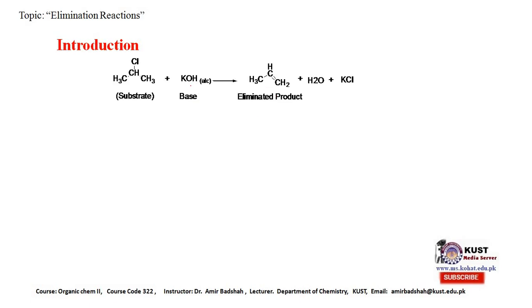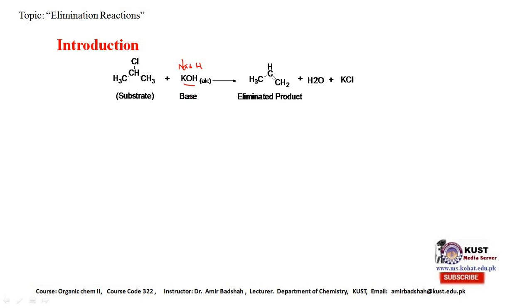Here the most commonly used bases for elimination reactions are potassium hydroxide in alcoholic form, or sodium hydroxide, or sodium ethoxide, or potassium ethoxide, sodium amide, and tertiary butoxides. These are the various bases used for the elimination reactions.